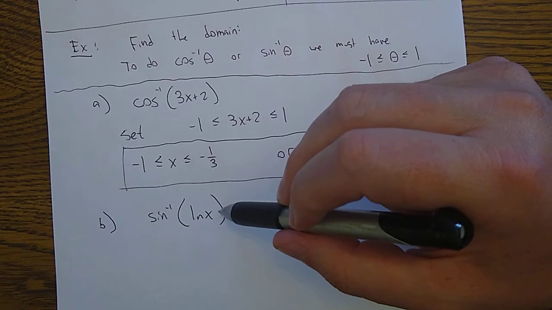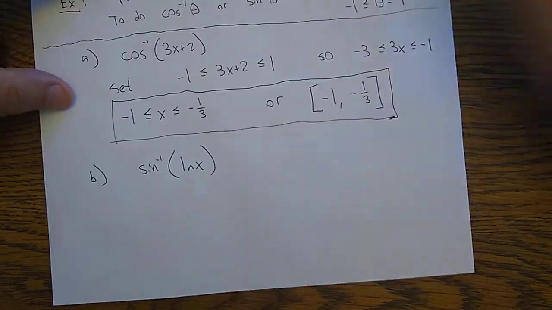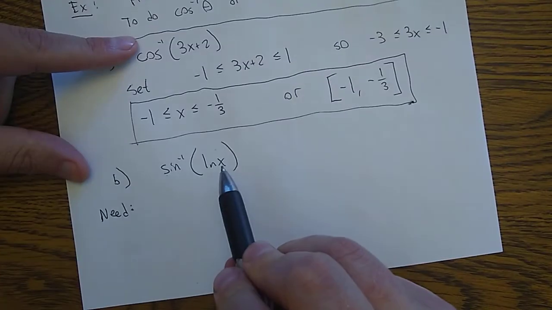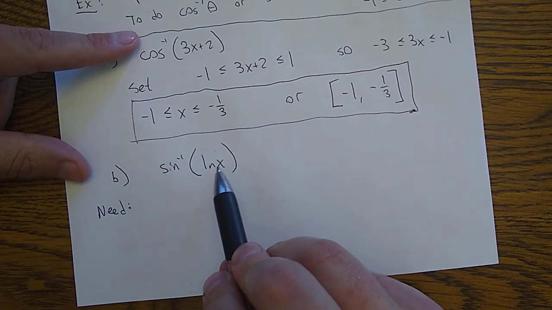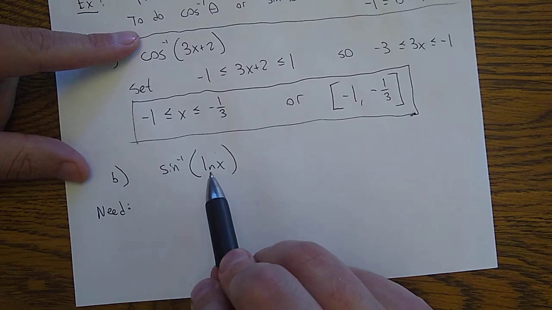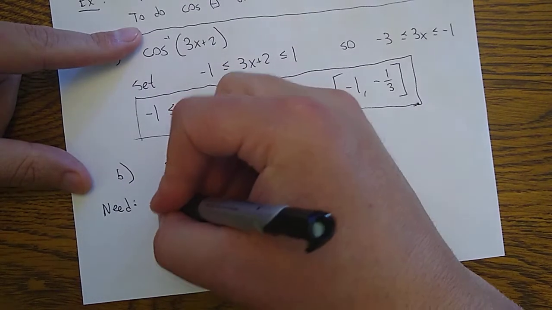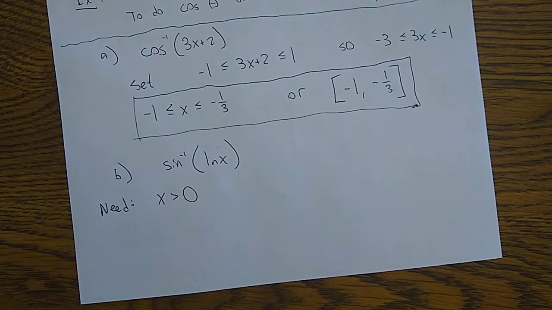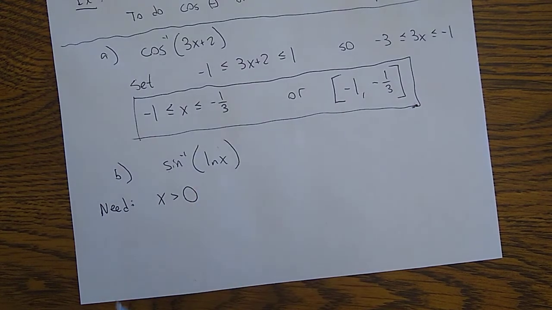This one is slightly harder because this involves an arc sine and a natural log. So let me work my way from the inside out. If I'm going to plug a number into this function, the first thing I would need to do is find the natural log of x. In order to do that, I can only do logarithms of positive numbers. It's not greater than or equal to 0, because I can't do the logarithm of 0.